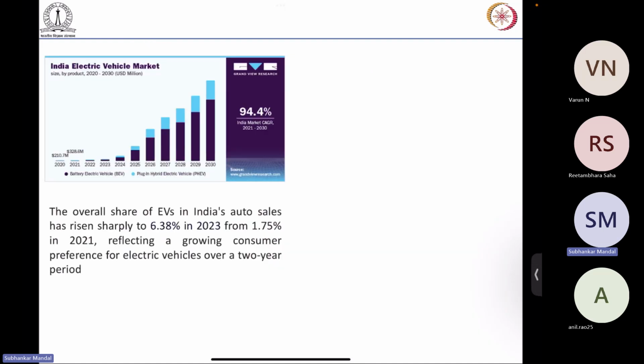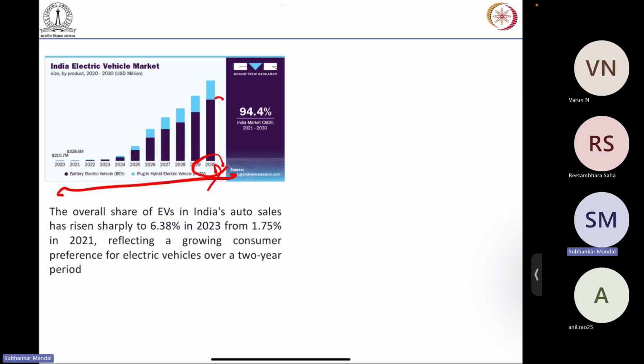Okay, and I have shown how the Indian market is more interested in electric vehicles. This is one of the time scale diagrams where you can see that by 2030 most electric vehicles depend on battery energy storage.